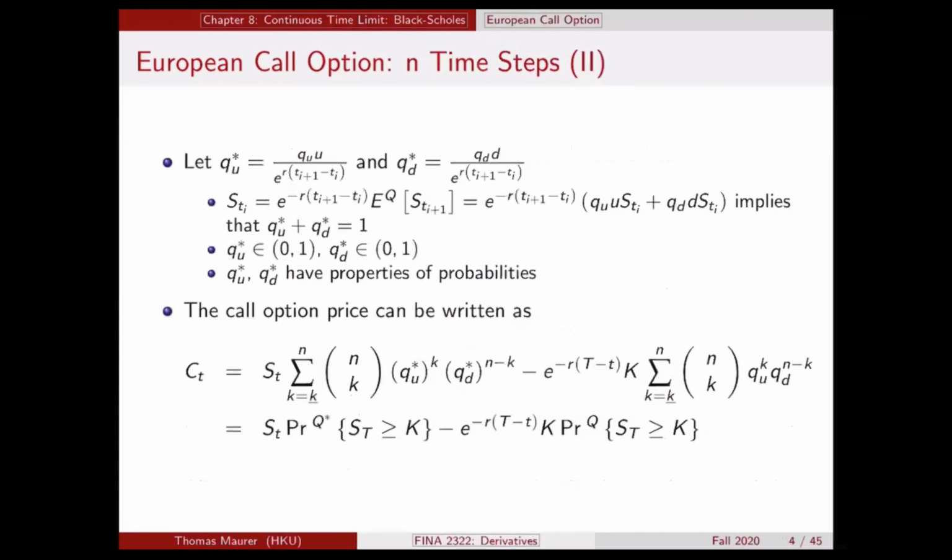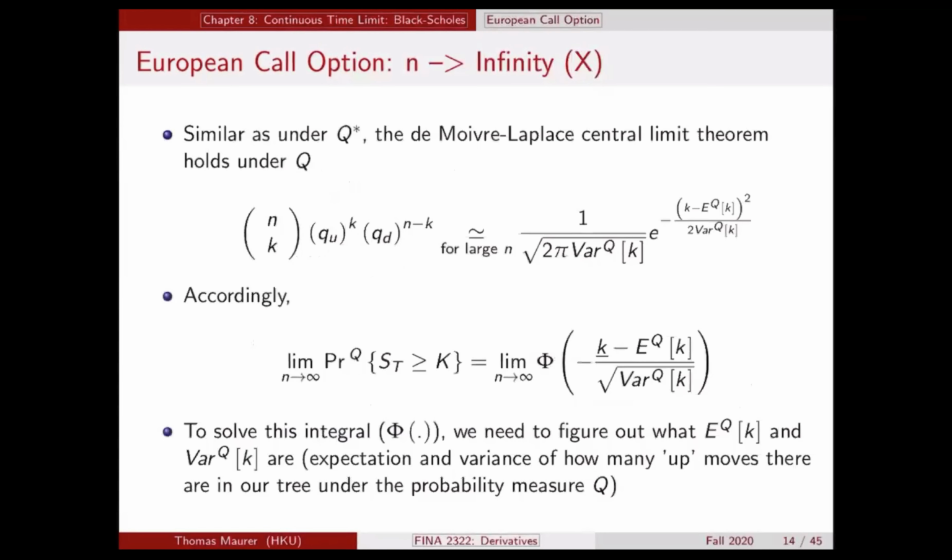Next we have to do basically the same for that second term, and in that second term we basically have to find also this probability of call being in the money, but now under the Q probability measure. Most of the derivation follows the same line as what we did just before. In particular, as n goes to infinity, as n becomes very large, we use that de Moivre-Laplace central limit theorem, where the binomial distribution probability converges to a normally distributed variable.